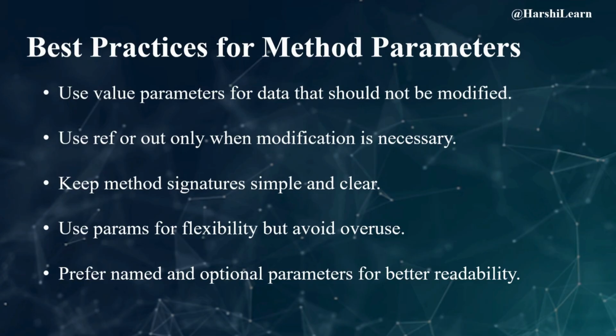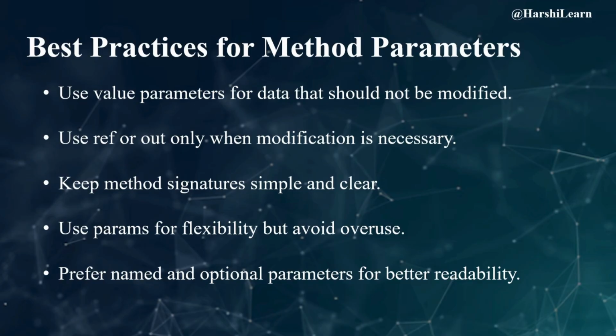And the next one is use params for flexibility but don't overuse it. The params keyword lets you pass a variable number of arguments. It makes your method more flexible. However, use it wisely because too many params methods can make your API confusing. Lastly, prefer named and optional parameters for readability.